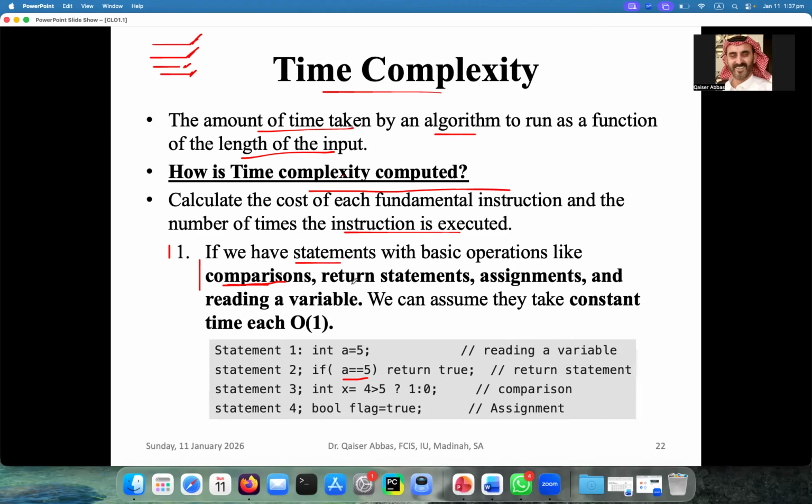And if your code or pseudocode has a return statement, or an assignment statement, like a is equal to 5, assigning some value to a variable.